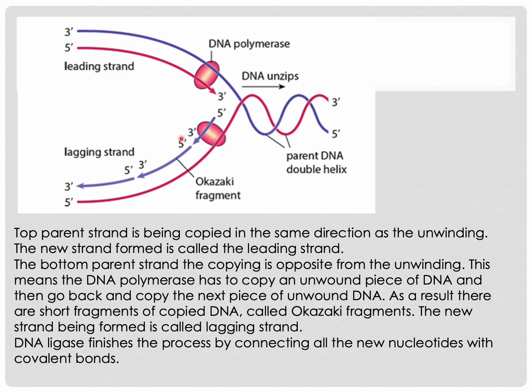As a result, you get these little fragments that are forming, called Okazaki fragments. The new strand that's formed is considered a lagging strand. DNA ligase has to finish the process by connecting all of the new nucleotides with covalent bonds.